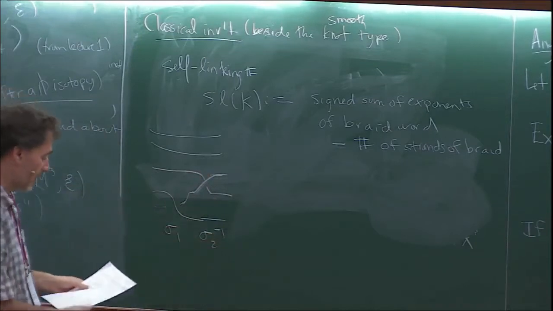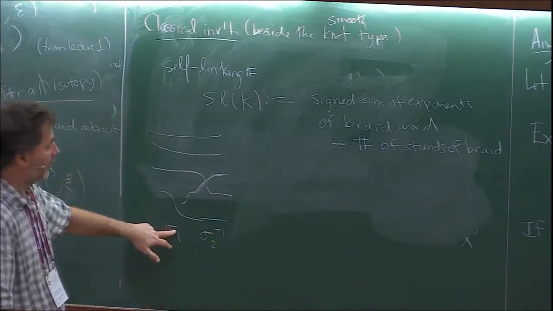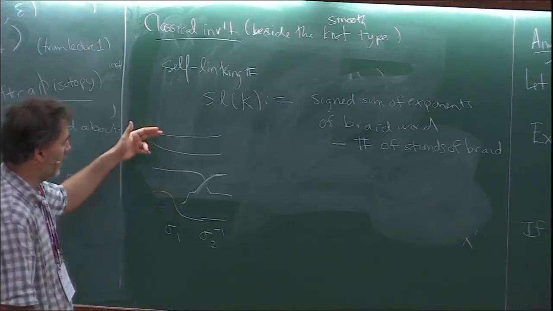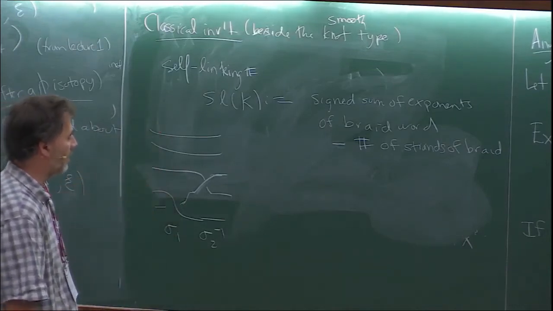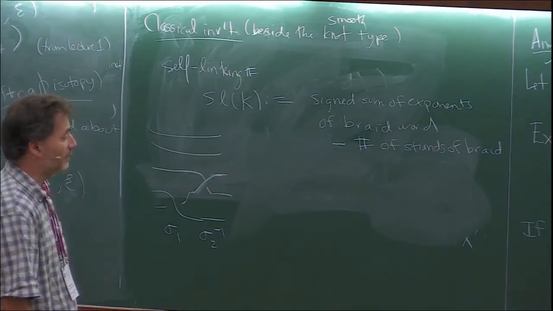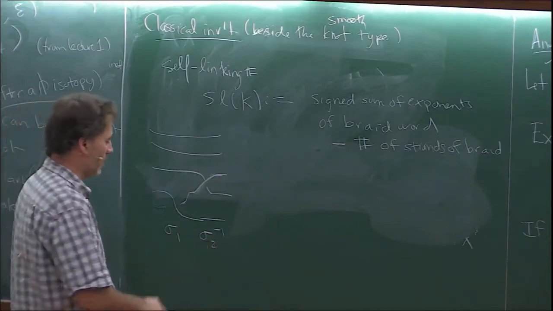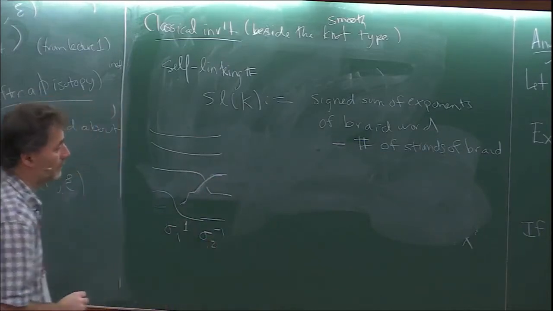That's the inverse. And in this case, here I've got 1, 2, 3, 4, 5 sheets, so that's 5 strands, and the signed sum would be 0.